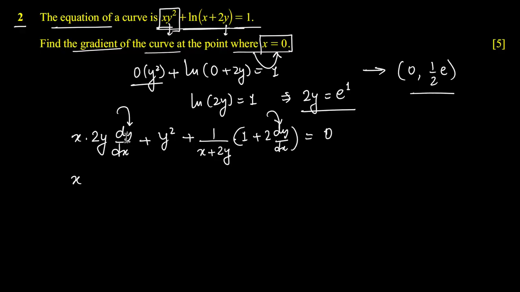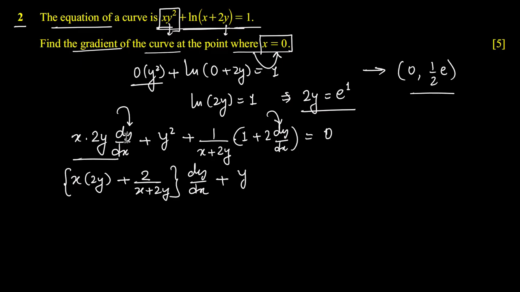I get x into 2y from this, and I can factor out this dy over dx, which is going to be plus 2 over x plus 2y, and then this is into dy over dx. From here we got y squared. From here I got 1 over x plus 2y equals 0.